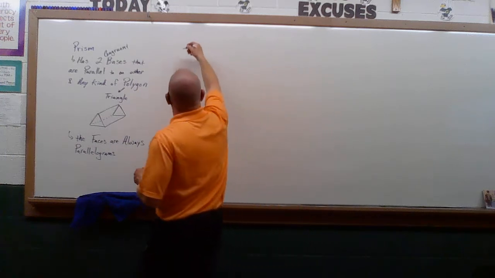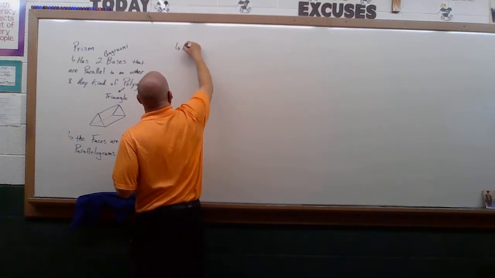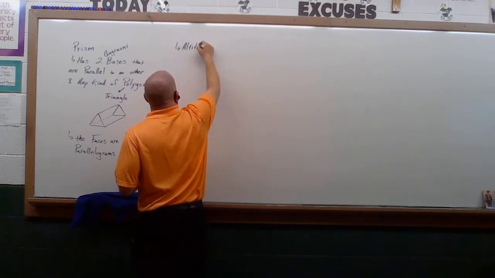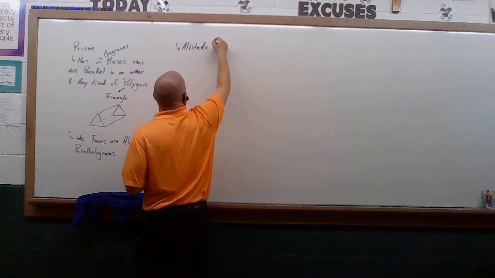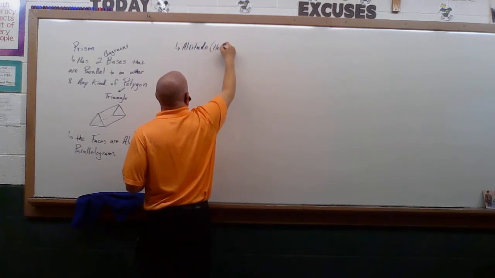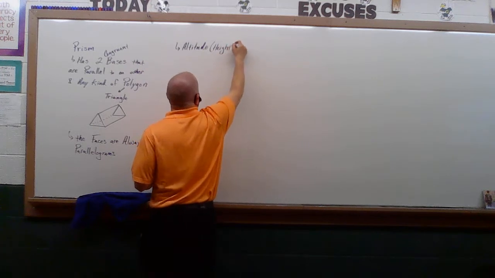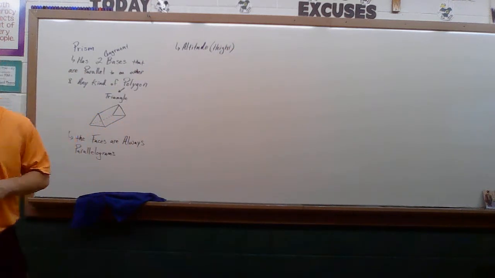And then we talk about an altitude. What's another word for an altitude? It's just a height, right? So my altitude in this case is what? What would you say is the altitude in this shape?